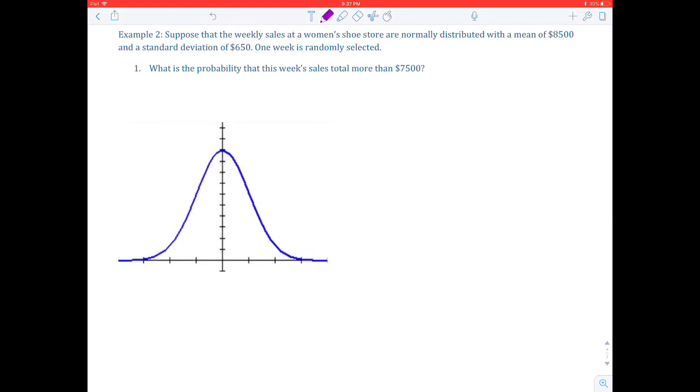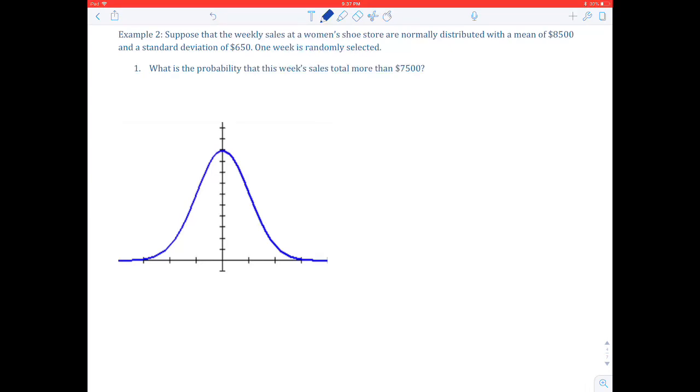Suppose that the weekly sales at a women's shoe store are normally distributed with a mean of $8,500 and a standard deviation of $650. 1 week is randomly selected. What is the probability that this week's sales total more than $7,500? You have two scales here.